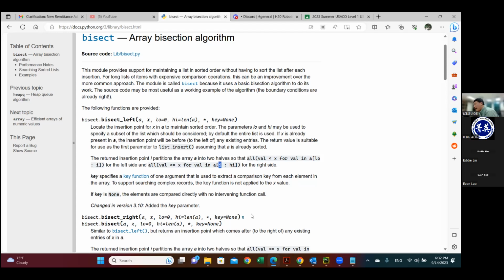That's exactly the value you need. So you do not need to modify the binary search function anymore. You can use this, and it will directly tell you the position, what it will be.